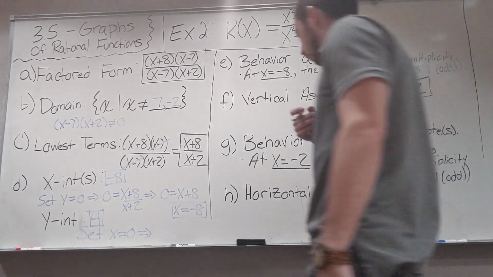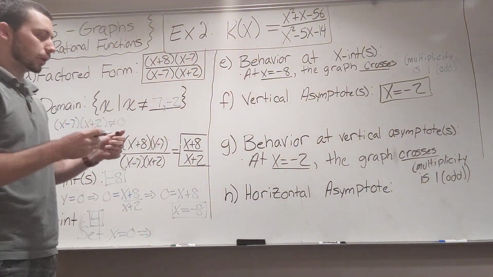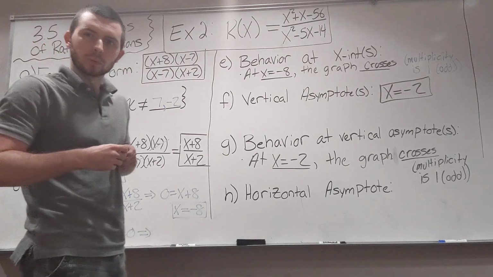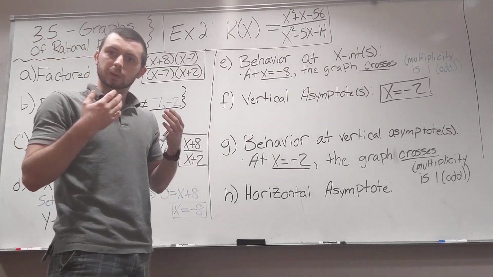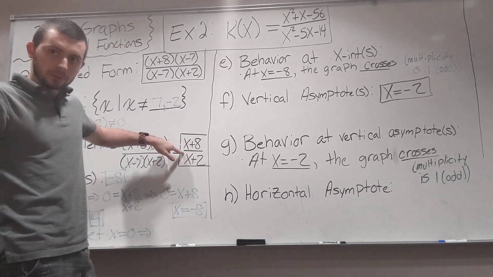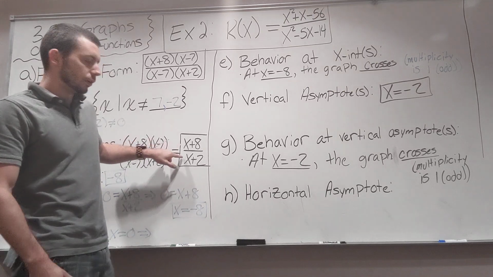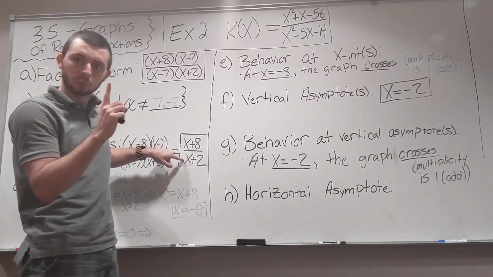And finally, we move on to the horizontal asymptote. Remember, for the horizontal asymptote, we have to compare the degree of the numerator and the denominator. Here, the degree of the numerator is 1. The degree of the denominator is also 1.